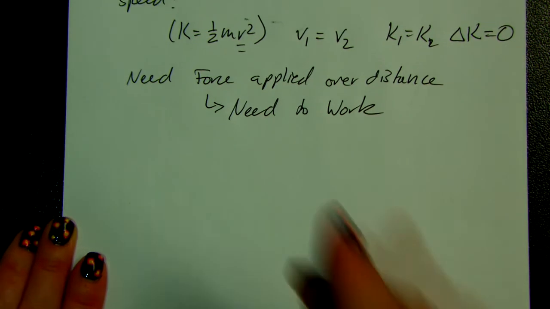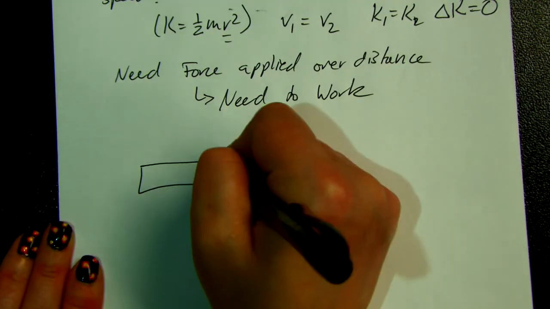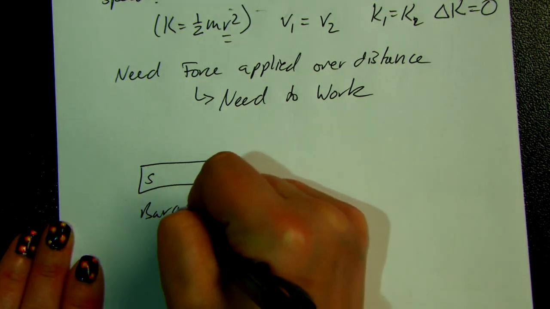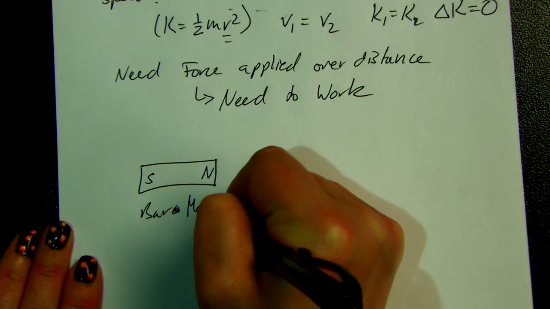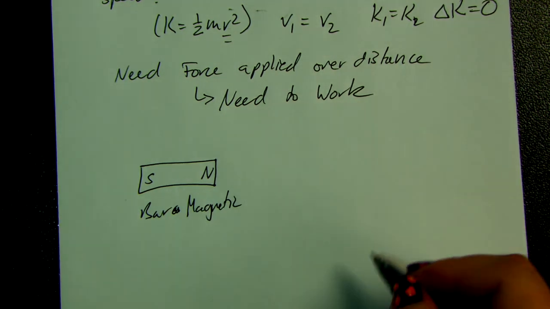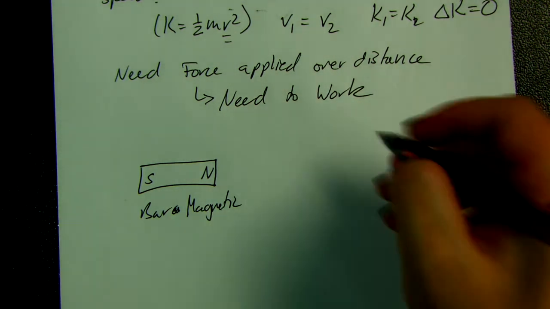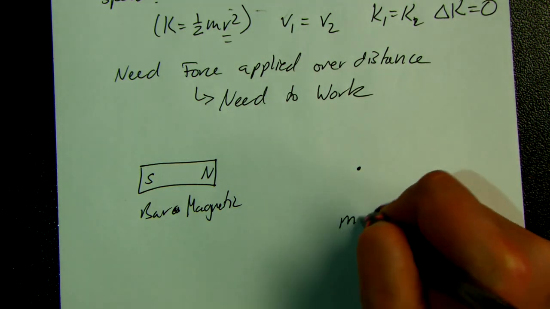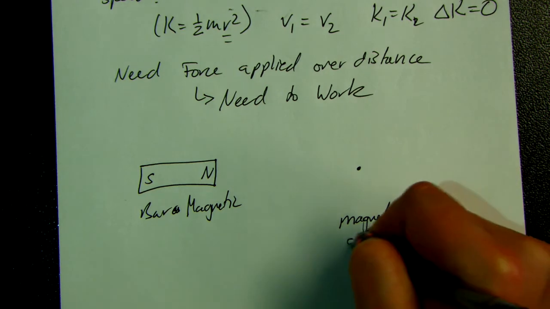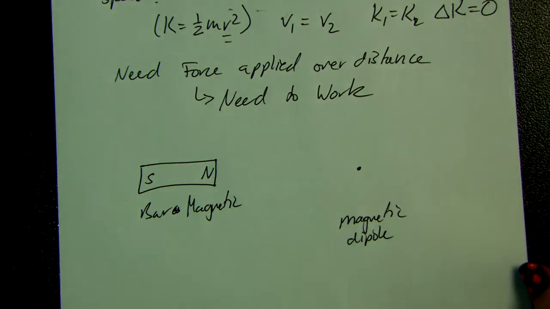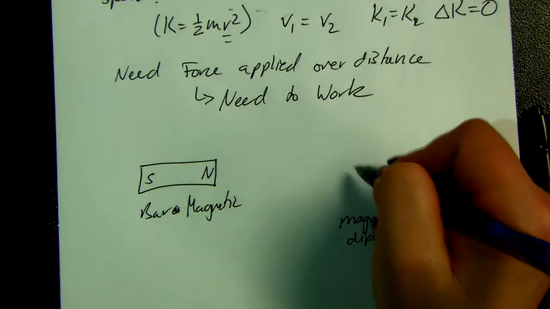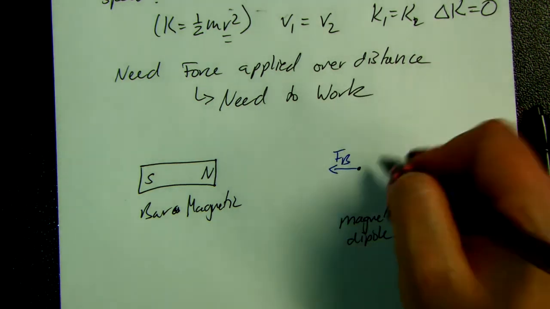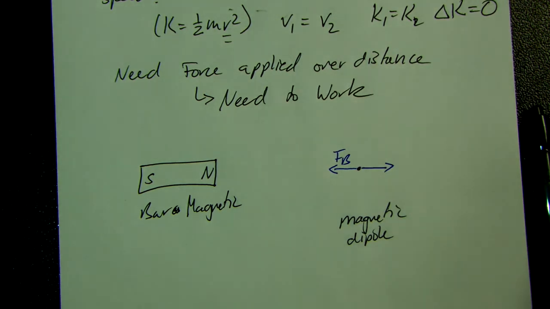All right, so what you're looking at there is, here's our bar magnet, south, north. If it's one of the bar magnets in this lab, it's been dropped many times, so it'll be nice and weak. And so we've got a bar magnet here, we've got another magnetic dipole. We don't know what it is, we just know it's a magnetic dipole. So we're gonna have the magnetic force in this direction, and then to counter that, we are gonna be applying a force.